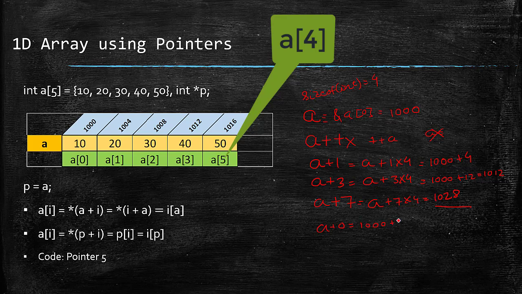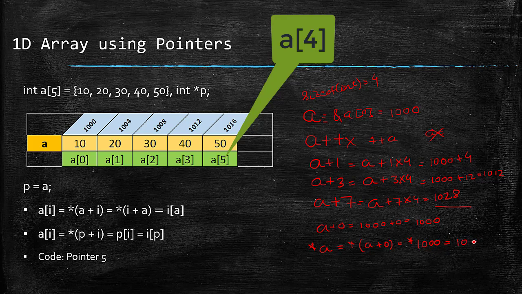Now, if we use the value-at-address concept, if I write star A, it can be written as star of A plus 0, and we have seen that it is star 1000. So it will give me the value at the address 1000. What is that value? That is 10. Can we say this is the value of A0?